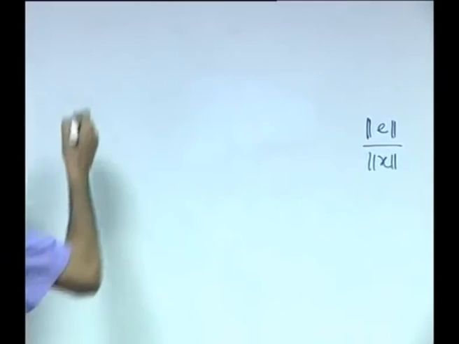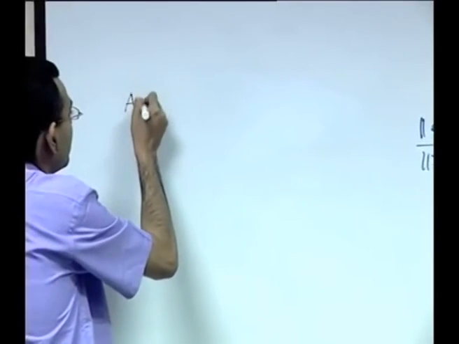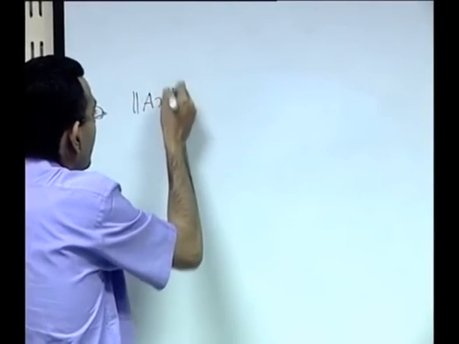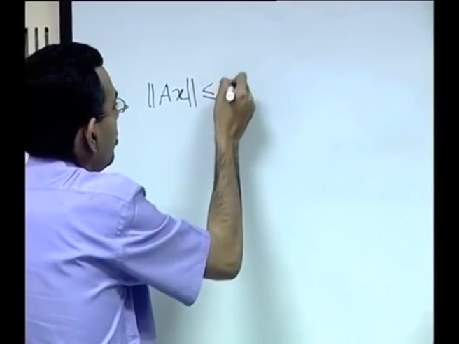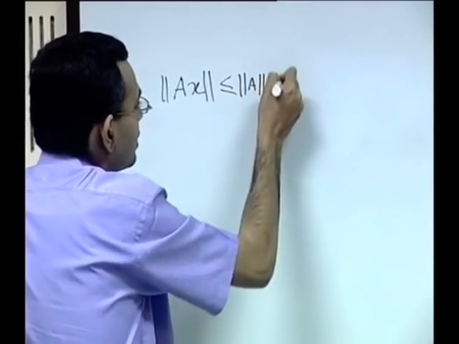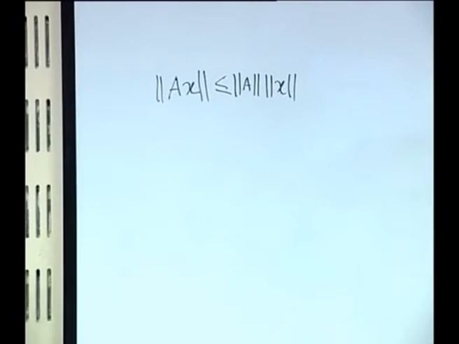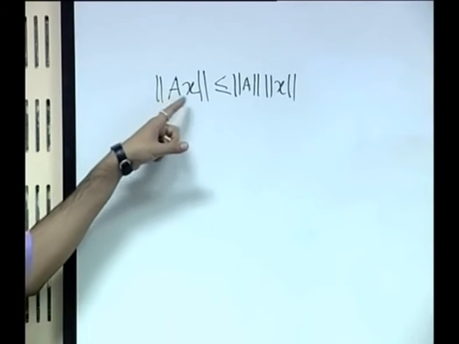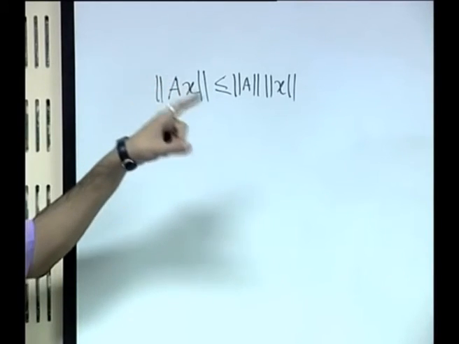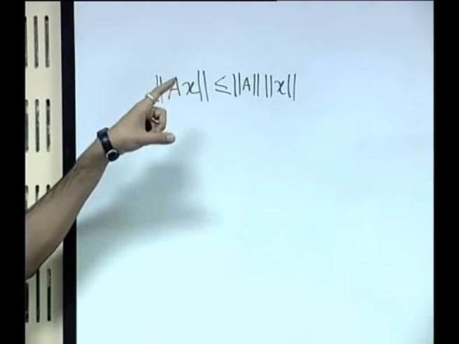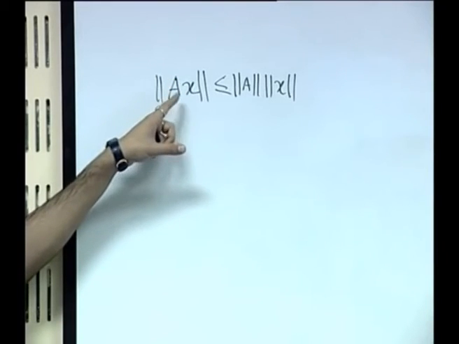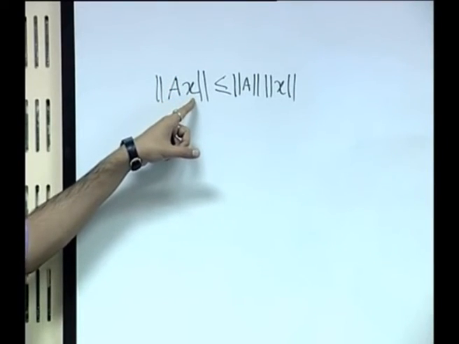To do that, we can recall that norm of Ax is less than or equal to norm of A into norm of x. What we used for two vectors, or two matrices A and B, is also true for one matrix A and one vector x.